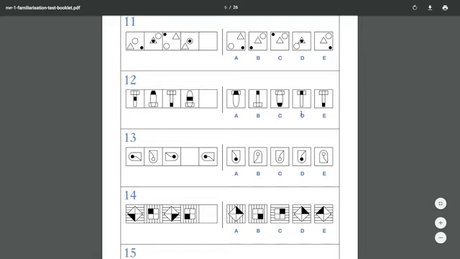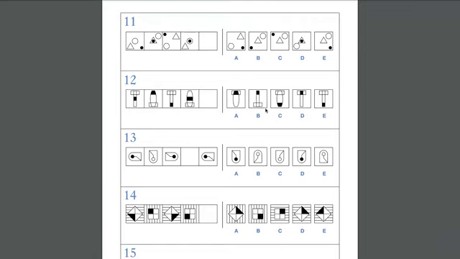The answer for 12 is... we need, sorry, I was wrong. In 12, you need a shape going upside down, because look at this shape, it is going upside down like this one. So we need a shape which is going upside down, and that's why you need to delete A and C, as I told you before.